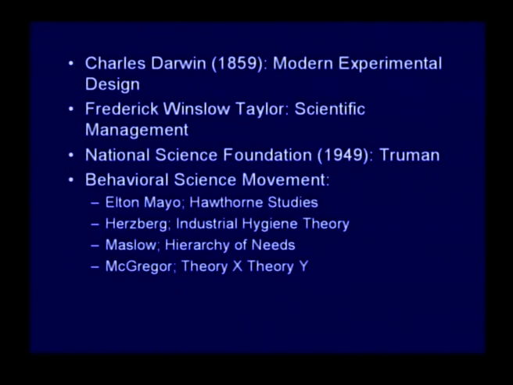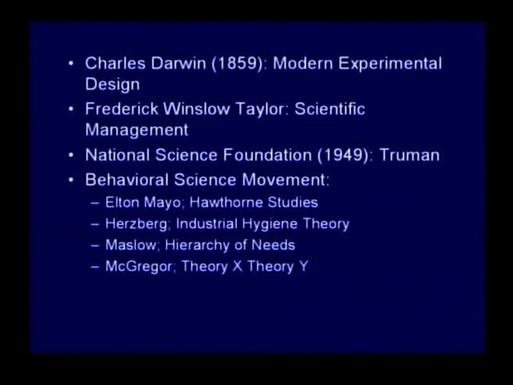Even though his theories were based upon observation, his theories led to a lot of experimentation. Frederick Taylor is considered the father of scientific management, when he did his time and motion studies to coordinate employees and their work. National Science Foundation in the US, 1949, in Harry Truman's era.